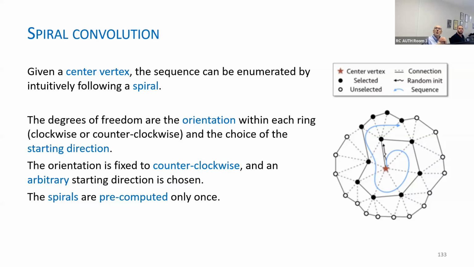So again, one way to solve this is, for example, to compute a local reference system, for example, using PCA or any other method where you can, according to the local shape, define 3 orthogonal axes, and you can take one of the directions of the local reference frame as a starting direction, then you can define this spiral ordering of the vertices.